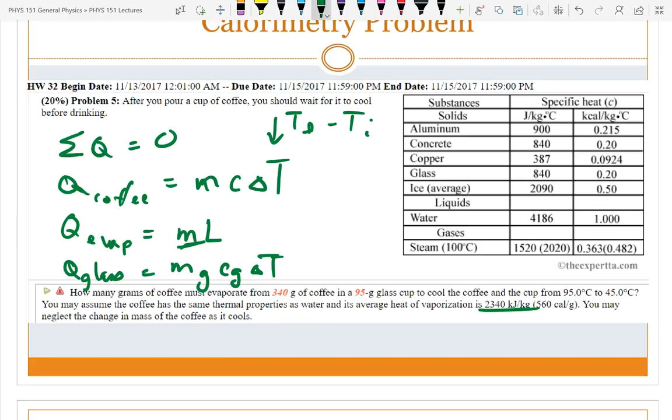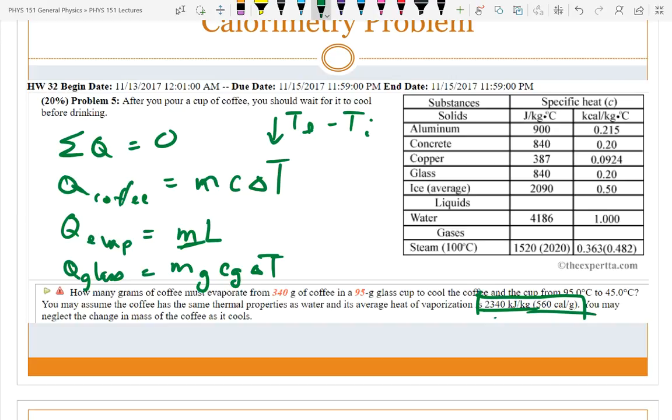Now, there's one more thing. It says the average heat of vaporization is this. There are some things that can be confusing, like if I am at body temperature and I have evaporation occurring from my water on my skin, there is not heating the water up to the boiling temperature of water and then boiling.